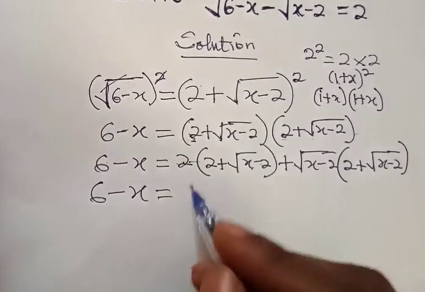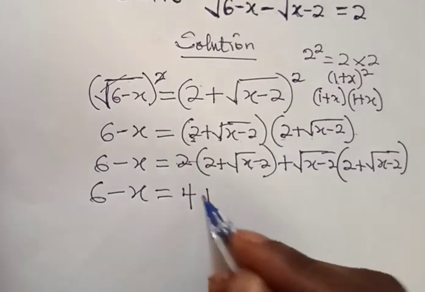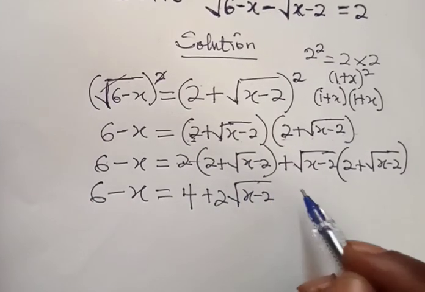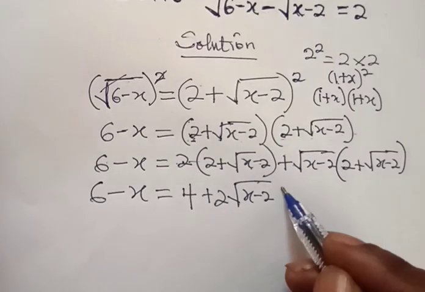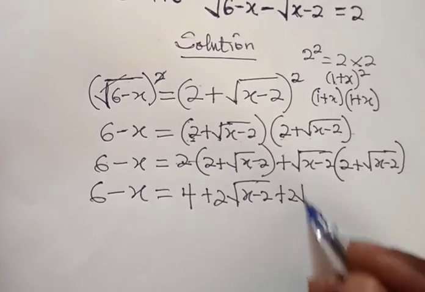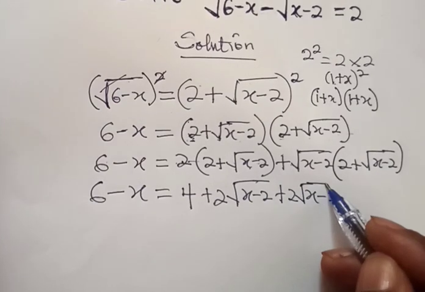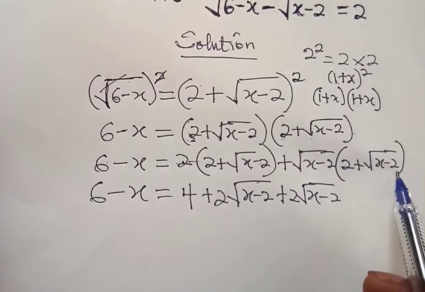So 2 times 2 gives me 4. 2 times this gives me 2 root x minus 2. Then this times this also gives me 2 root x minus 2. Then this whole thing is going to multiply this.